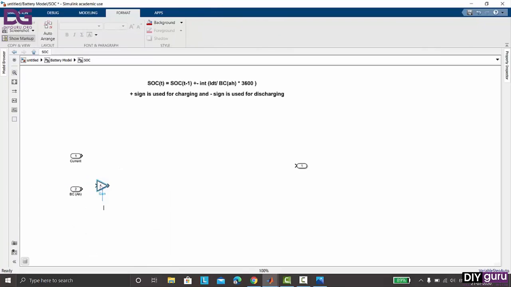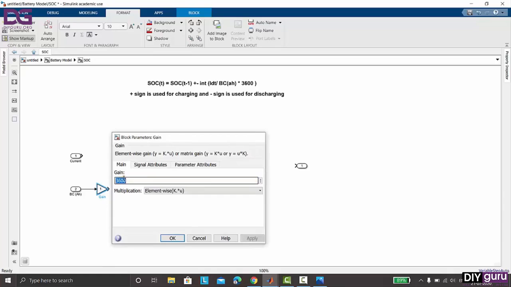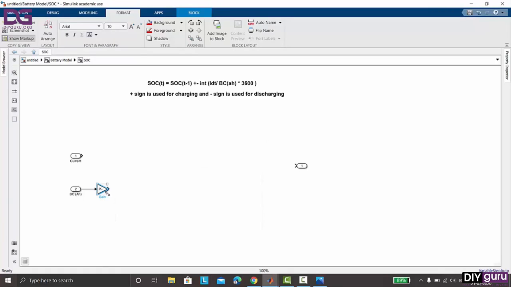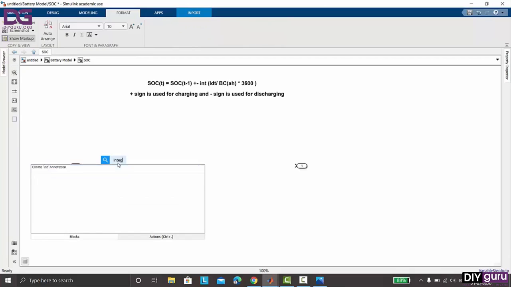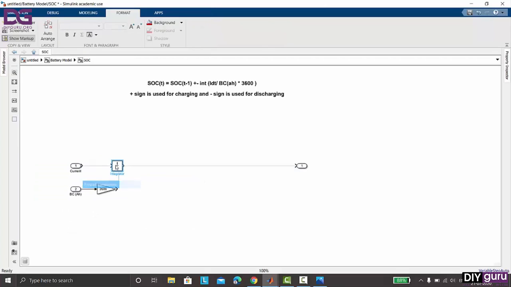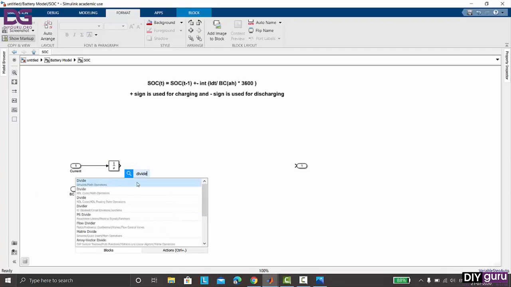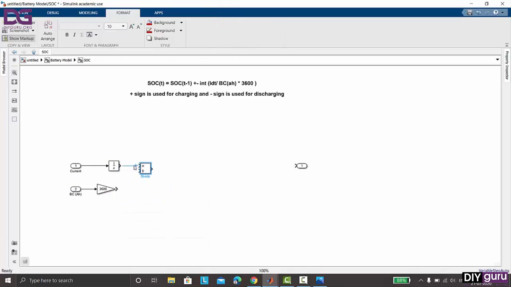Add one gain block to multiply the battery capacity with 3600. And one integrator block and one divide block. So we have estimated this integration part.